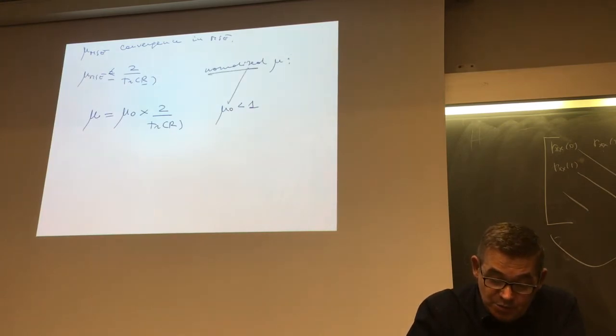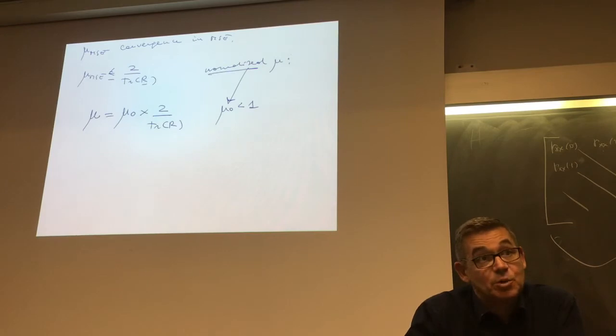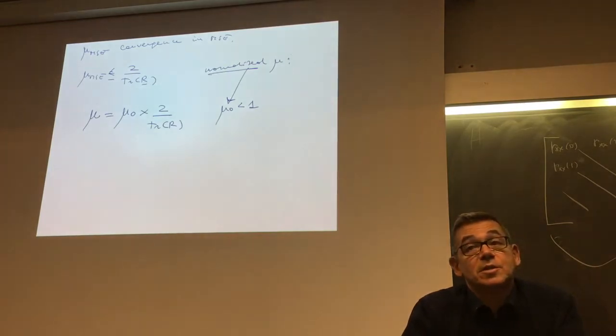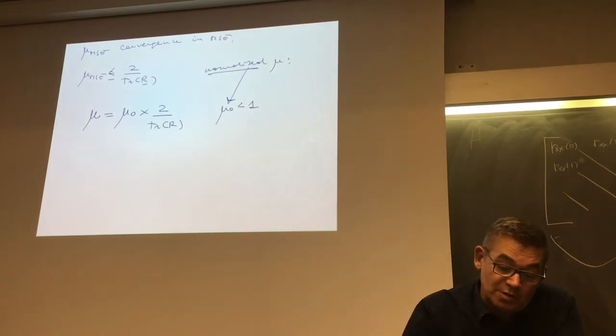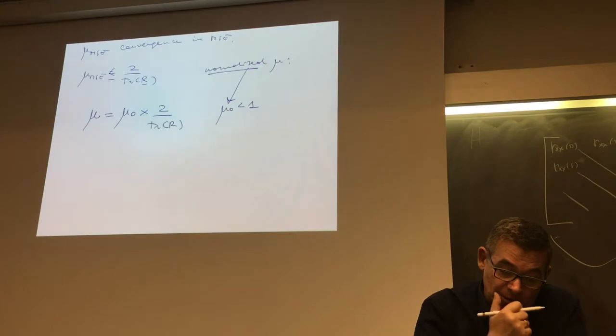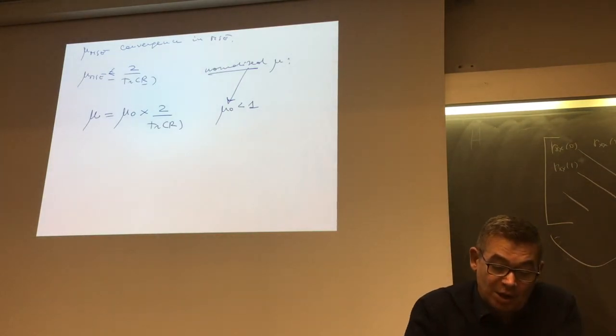This mu0 is called normalized mu because it is scaled with respect to the coefficient that guarantees convergence in the mean square.